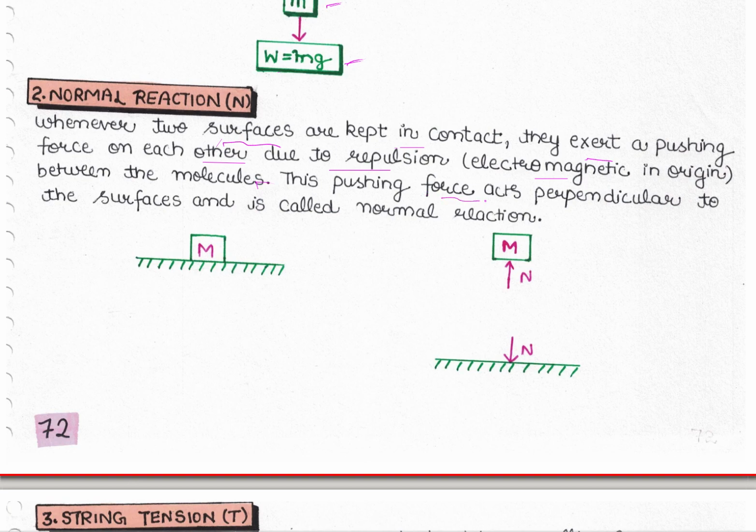This pushing force acts perpendicular to the surface and is called normal reaction, and it is represented by capital N. If this is a mass, capital M, and this is the surface, then normal force on the mass is capital N towards the mass, and normal force towards the surface is this capital N.